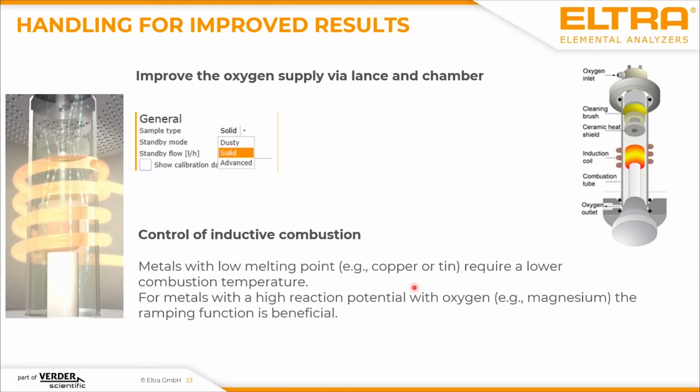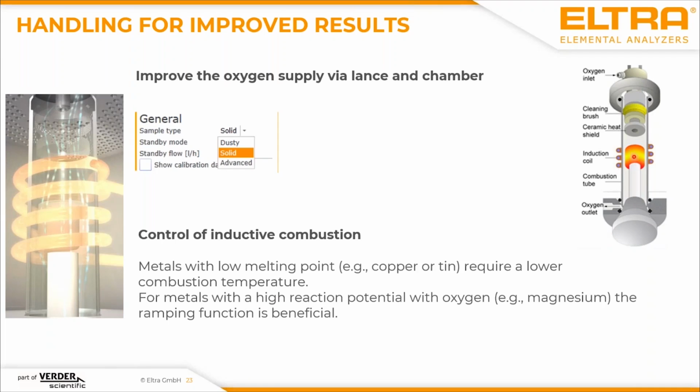This is especially true if you use accelerators like copper or tin, as I mentioned before. And which you can also do with our analyzer, you can lower the combustion temperature. And this is also important if you work with low melting metals, which normally have also a low boiling point, to avoid that you get temperatures, let's say, in the range of 2,400 degrees centigrade.